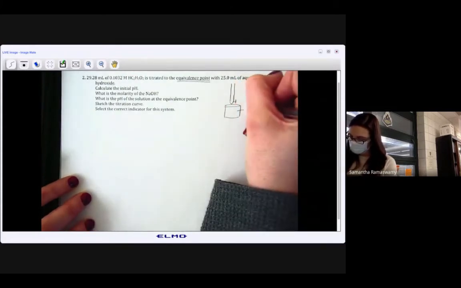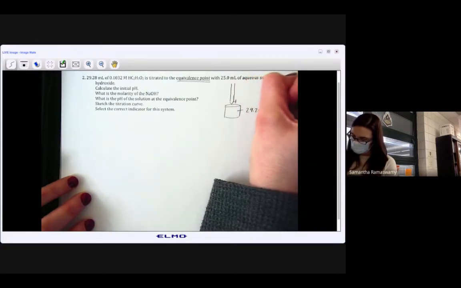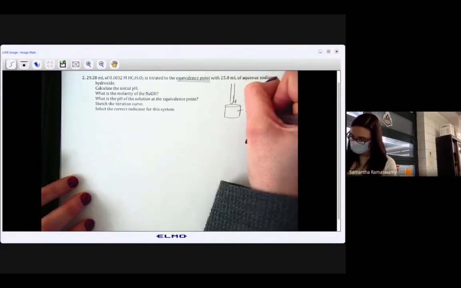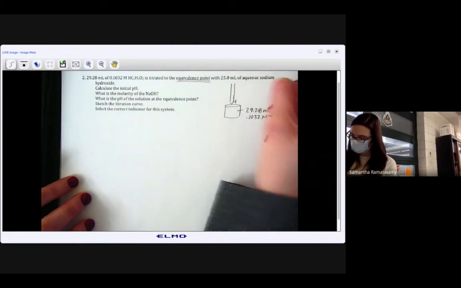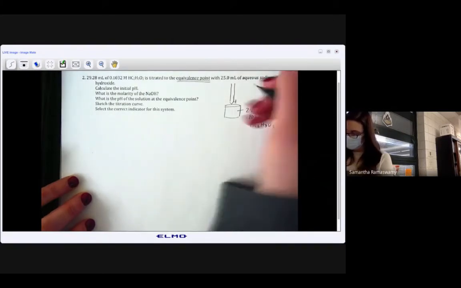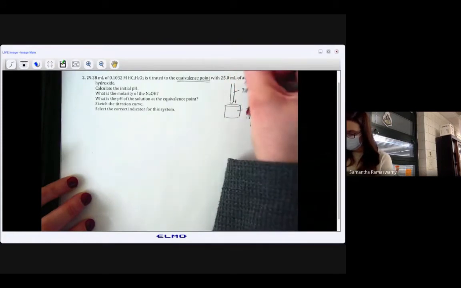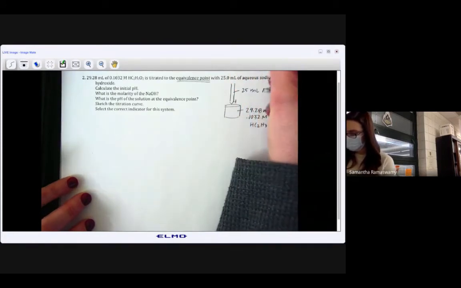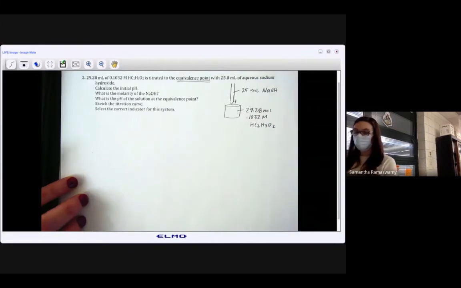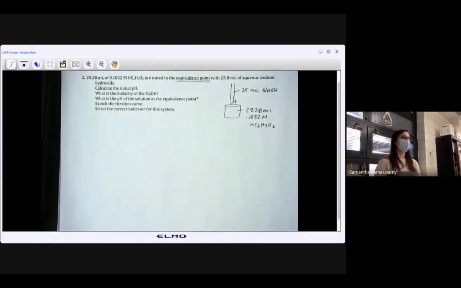In the beaker was 29.28 milliliters of 0.1032 molar acetic acid. In the burette, to get to the equivalence point, we used 25 milliliters of NaOH. That was all it told us about NaOH for now.